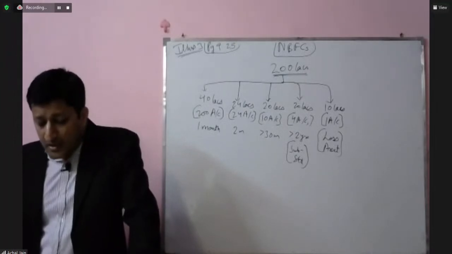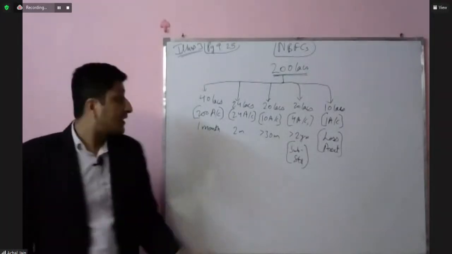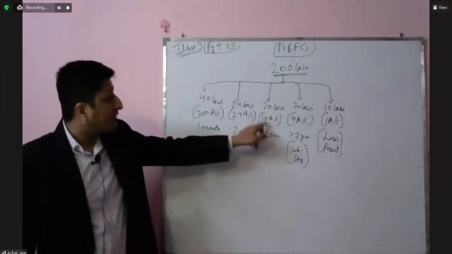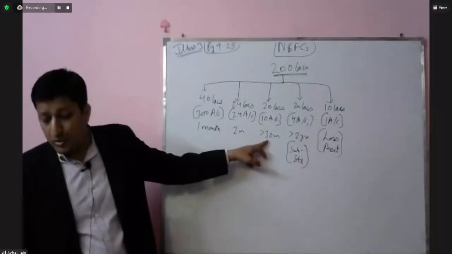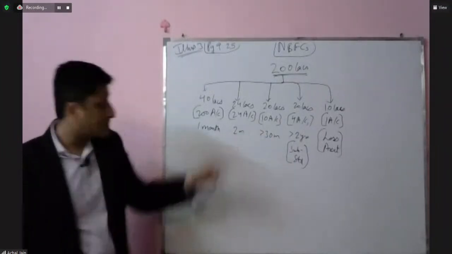Out of 10 accounts overdue for more than 30 months, 6 accounts are already identified as substandard.